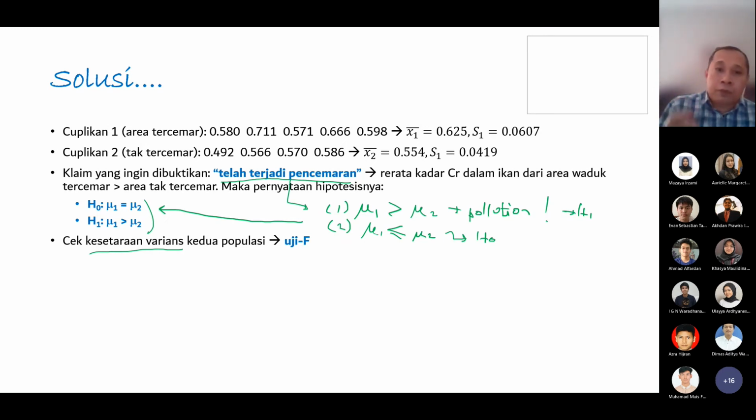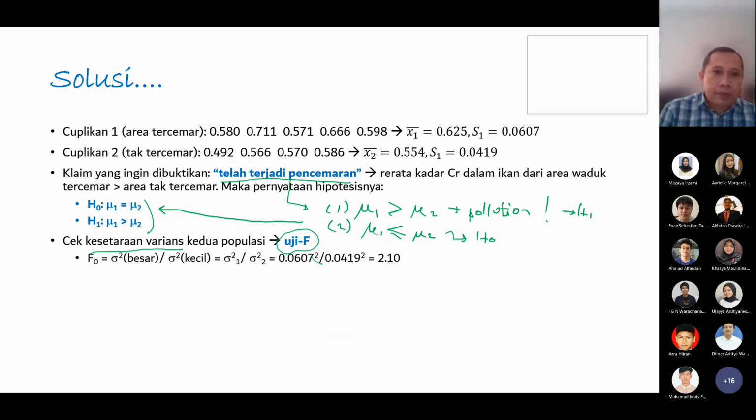Yeah. So you need to perform a variance equality check first using an F test. So we calculate the F0, large variance goes on top and smaller variance goes to the bottom. Okay, and the result is the F0 is 2.1, and the critical F values.